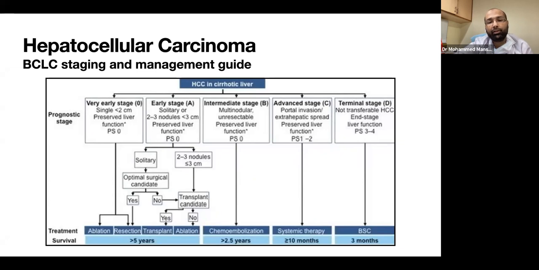They comprise only 20 to 30%, and they can receive definitive treatment in terms of resection and transplant. Most of the patients are diagnosed at a later stage, either intermediate or late stage HCC. The treatment options in them are limited, and then they become palliative.